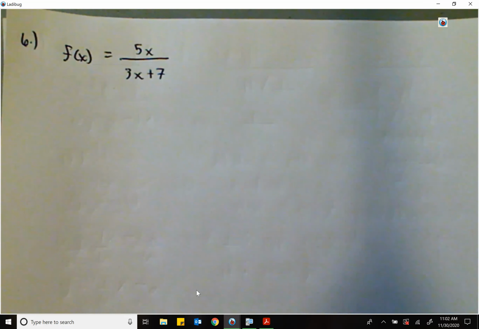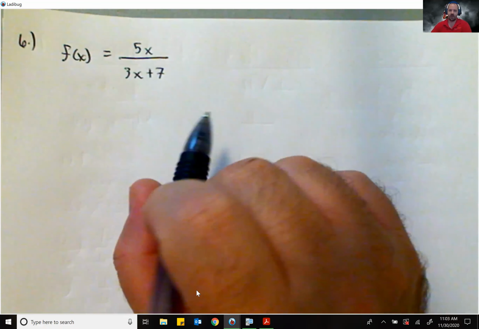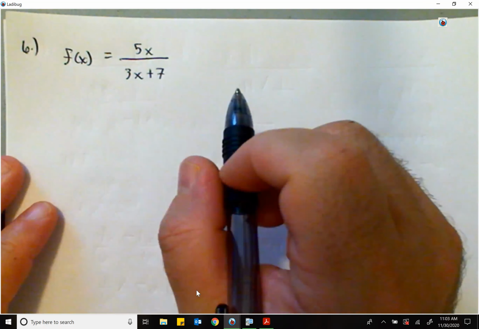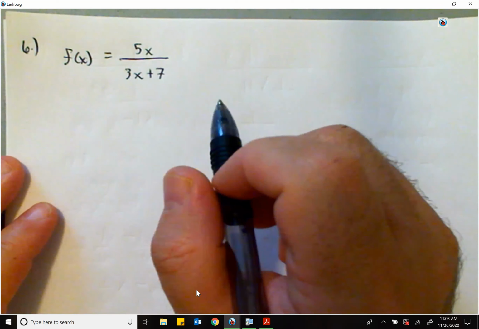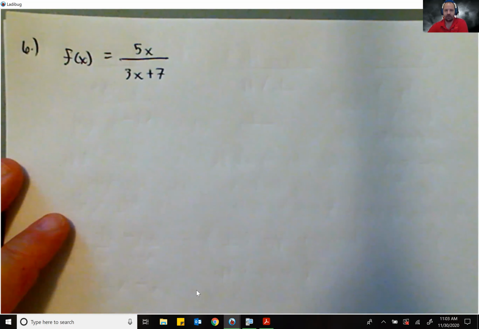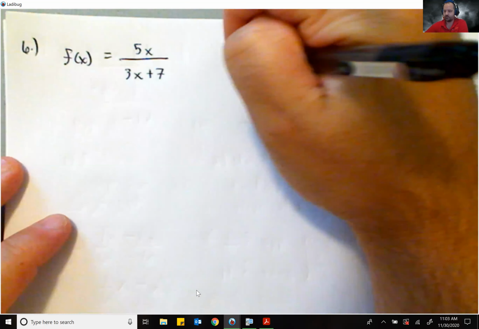Rational. This is a rational function because it looks like a fraction. What's the other one that throws it off? Radical. There you go. Rationals and radicals throw off that domain.